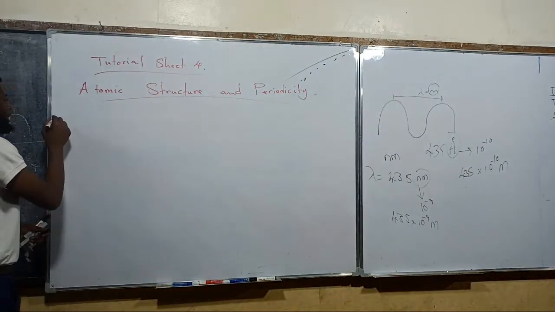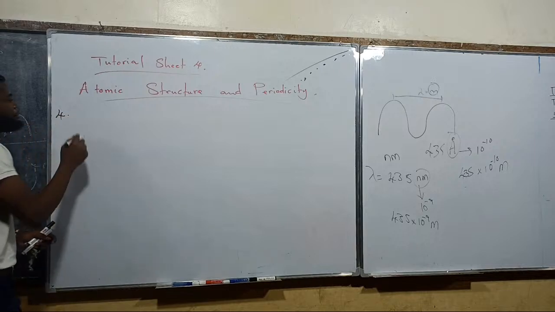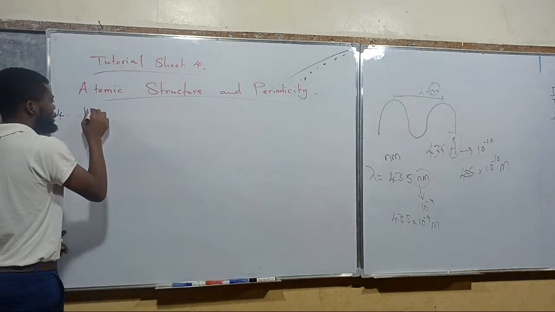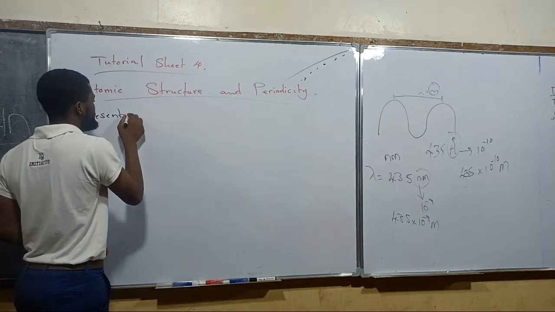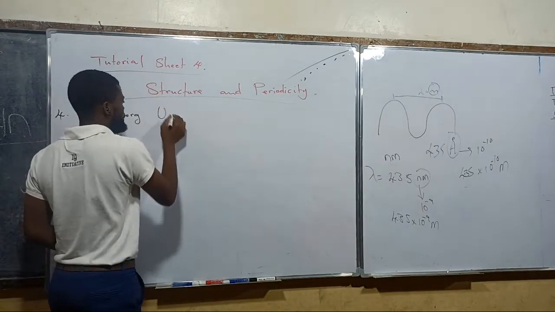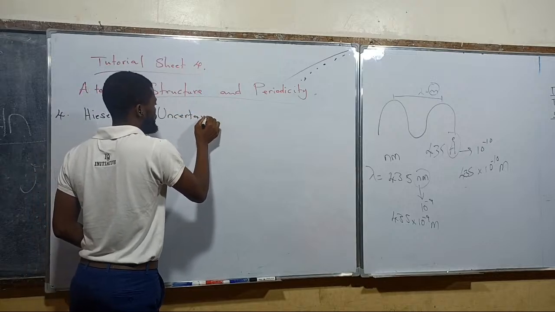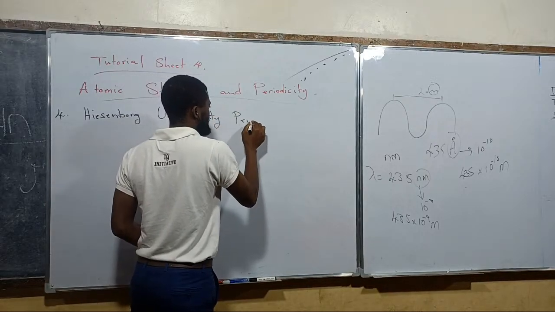So I think this is the last answer. Let me check out some questions and then we close. So number 4, the Heisenberg uncertainty principle.